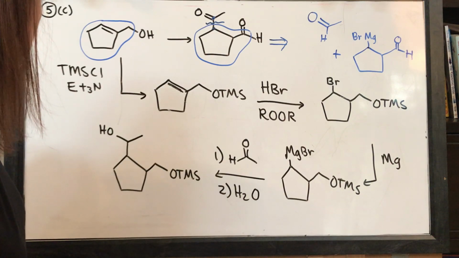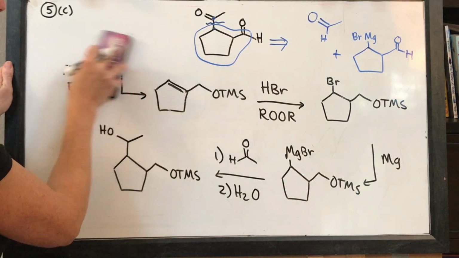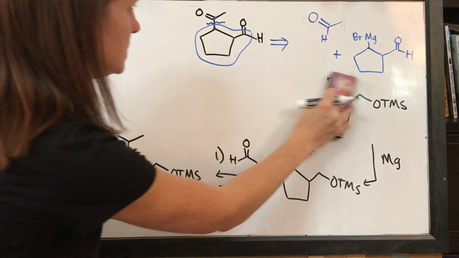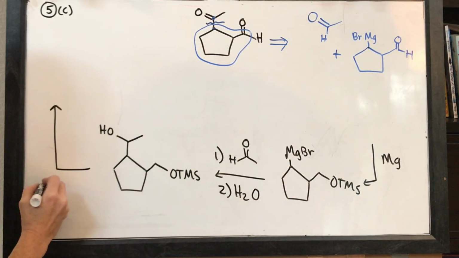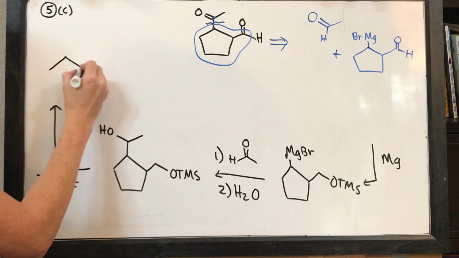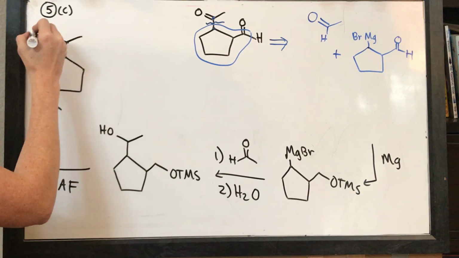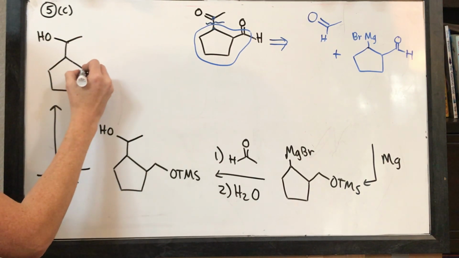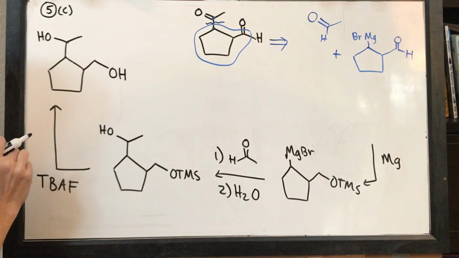Let's erase some of the top stuff here. Okay, so for my deprotection, I'm going to use TBAF. That removes a TMS protecting group. So I have this alcohol at the top, but now this becomes an alcohol on the right side.